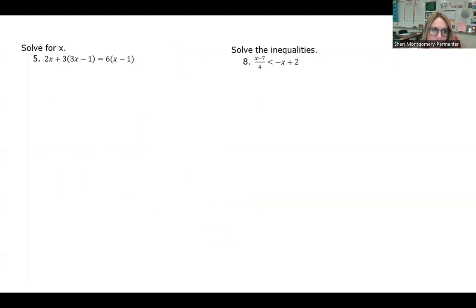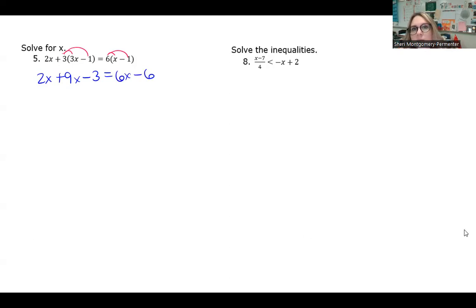This one has parentheses, not so fun, but we have to distribute first. So we get 2x plus 3 times 3 is 9x. 3 times -1 would be -3. 6 times x is 6x. 6 times -1 is -6.